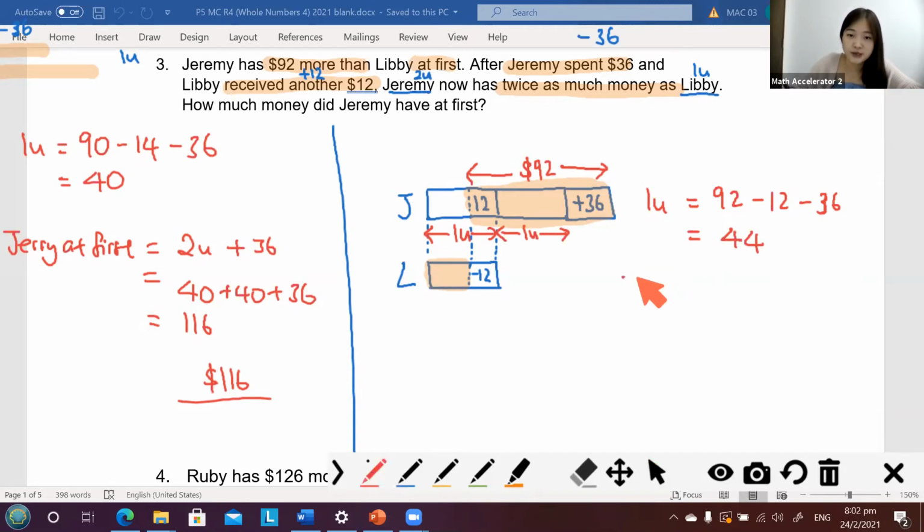Now we want Jeremy at first. You can refer to question 2 on the left side here. What did we do for Jeremy at first? We have 1 unit, 1 unit, 2 units. Do we need to include 36? They want Jeremy at first.